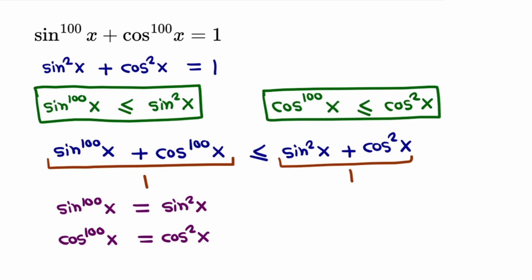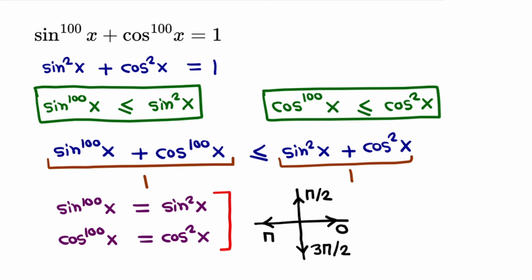Now ask yourself, when does a number equal its own 50th power? The only possibilities are 0, 1, or -1. So both sine and cosine must take values from that set.